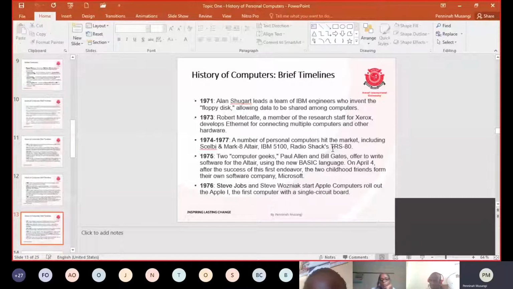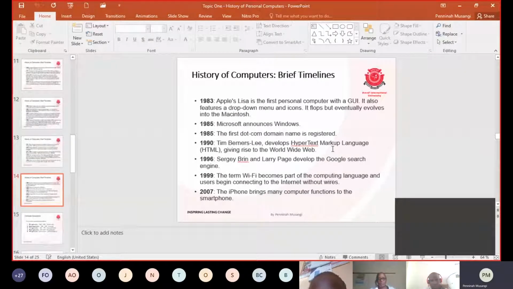In 1976, Steve Jobs and another Steve started what we know as Apple computers, which later produced the iPhones. Apple was an invention of Steve Jobs and Steve Wozniak, and they built their first computer, Apple I, with a single circuit board.